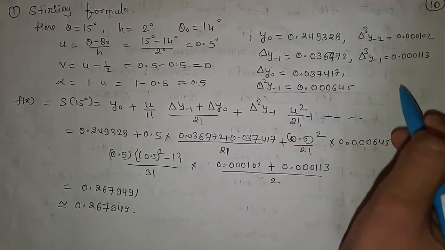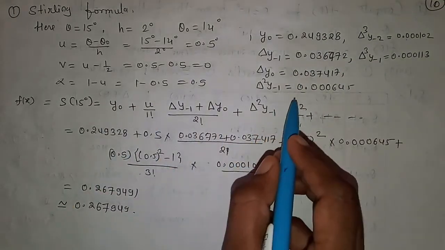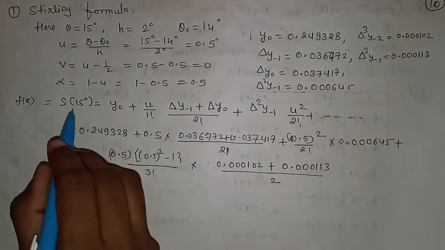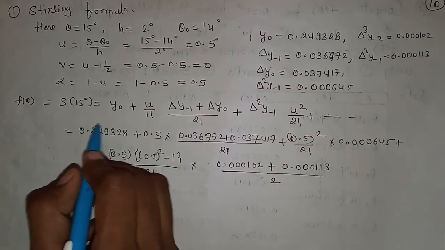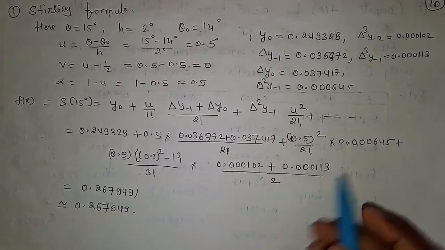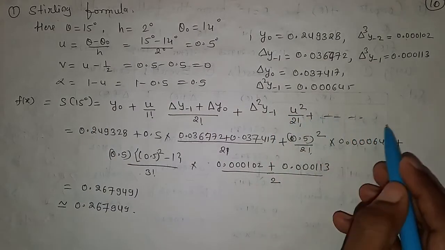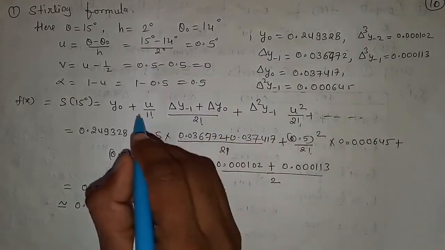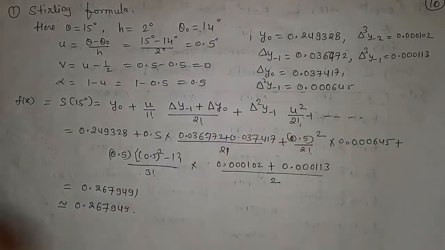These values are written here using the table. Now you can directly write values from the table, since we don't have higher difference terms, I just have written these three terms, and after that I have written dash dash.